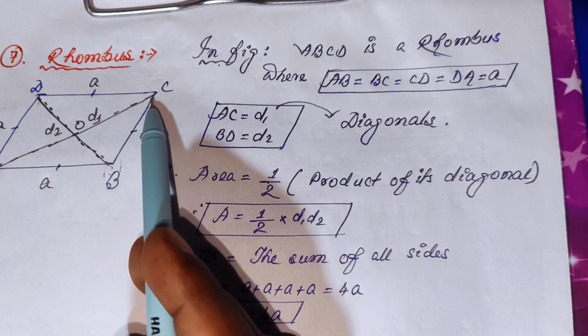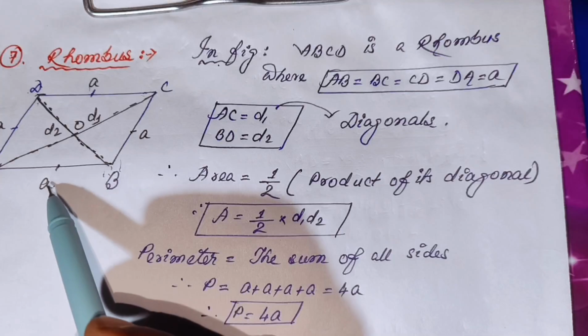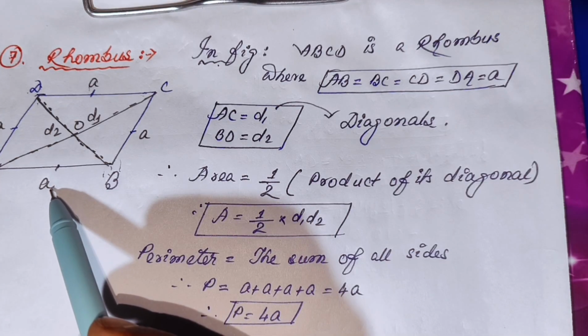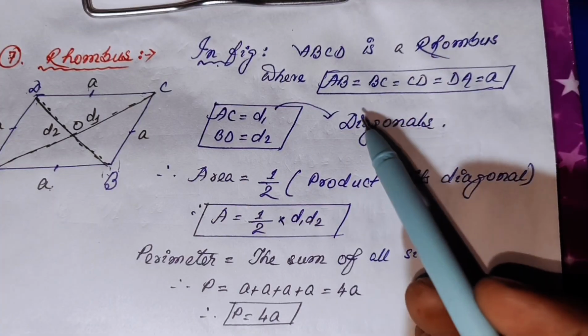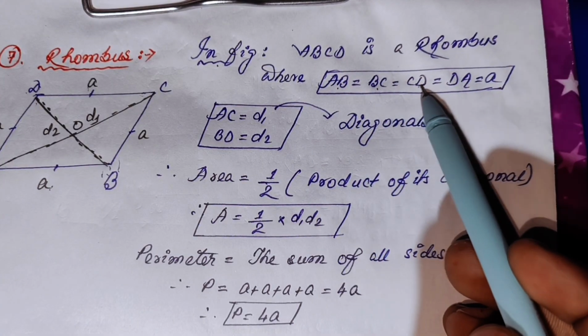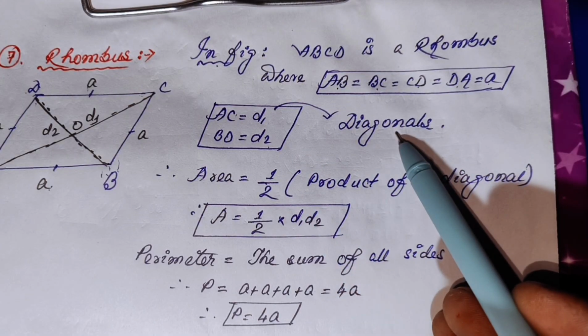AB equal to BC equal to CD equal to DA. All the lengths are the same, that's why it is denoted as a. Here you can see AB equal to BC equal to CD equal to DA equal to a. AC and BD, d1, d2, it means diagonals.